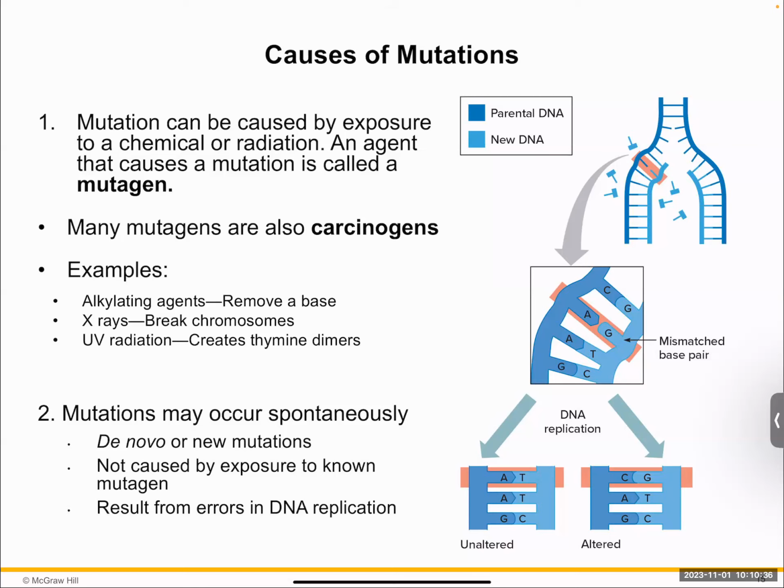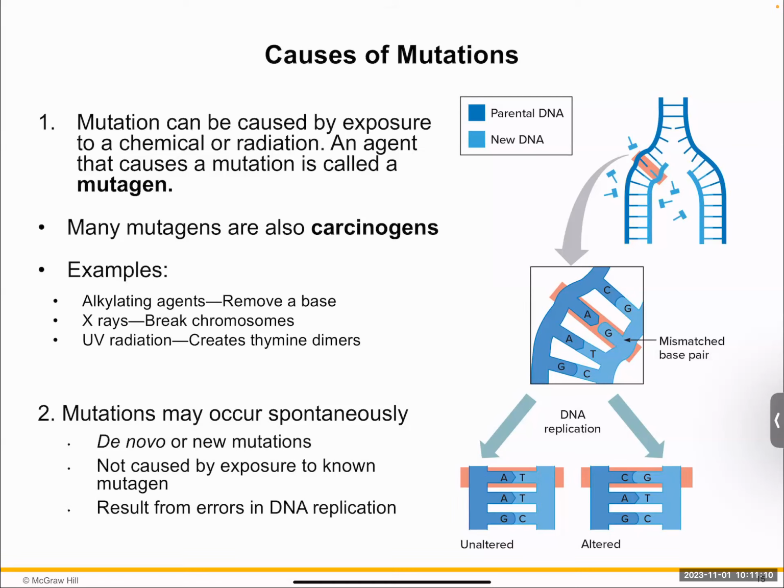Some examples of carcinogens are alkylating agents that remove a base. X-rays, at high dosage, can cause breakdown of chromosomes. And UV radiation, which, unfortunately in Southern California, we expose ourselves to significantly when we go sunbathing or tanning, causes what we call thymine dimers as one of the more common versions.